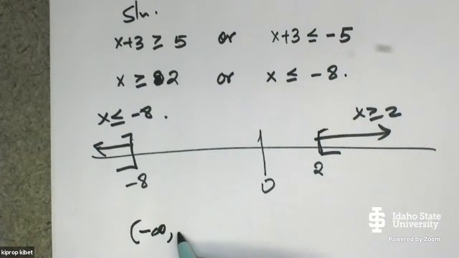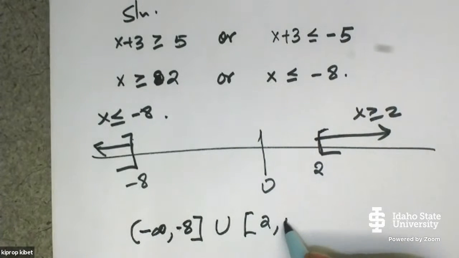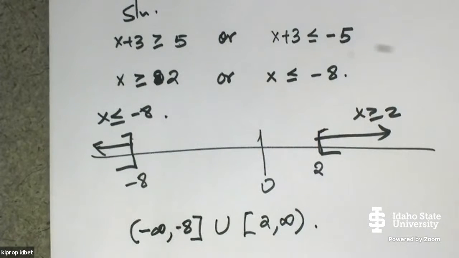Minus infinity, minus 8, and then union 2, infinity. Wait, would it not be brackets for both? Oh, got it. Yeah. Good.